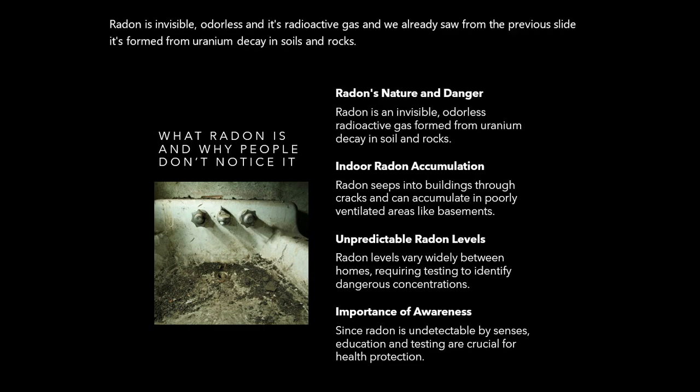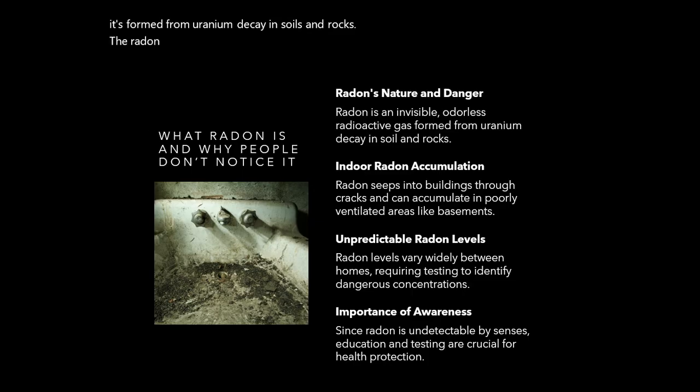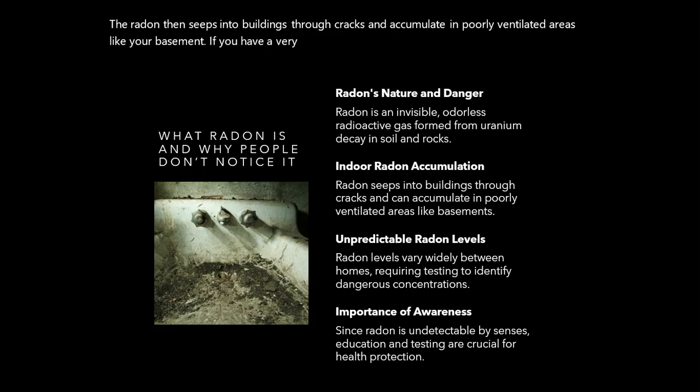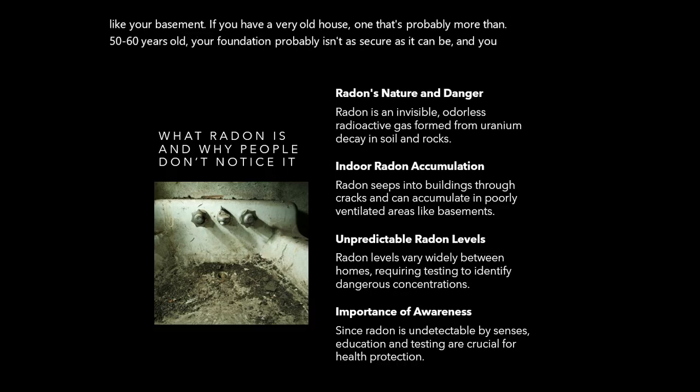The radon then seeps into buildings through cracks and can accumulate in poorly ventilated areas like your basement. If you have a very old house, one that's probably more than 50, 60 years old, your foundation probably isn't as secure as it can be, and you probably have radon seeping into your basement through the walls.